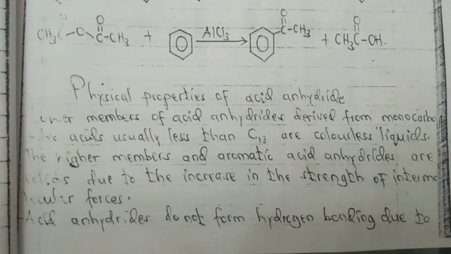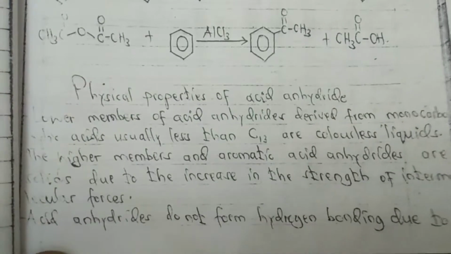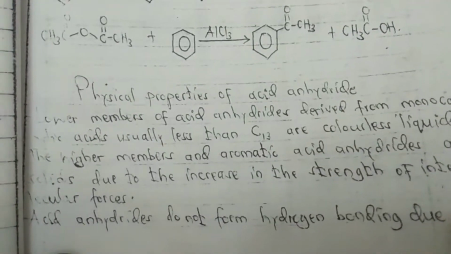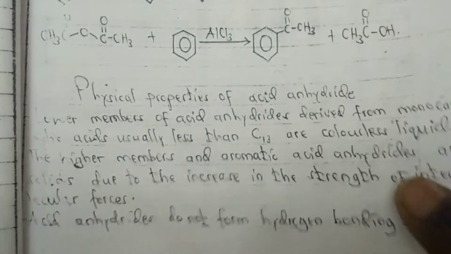Acid anhydride do not form hydrogen bonding, haziwezi form hydrogen bonding kwa sababu hakuna oxygen iliyo bondi moja kwa moja na hakuna hydrogen iliyo bondi moja kwa moja na oxygen.